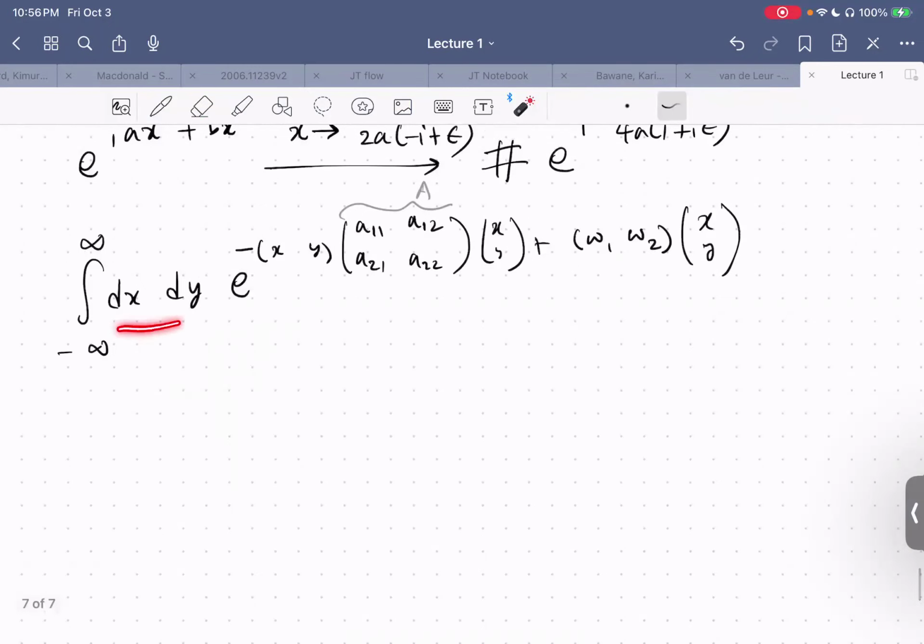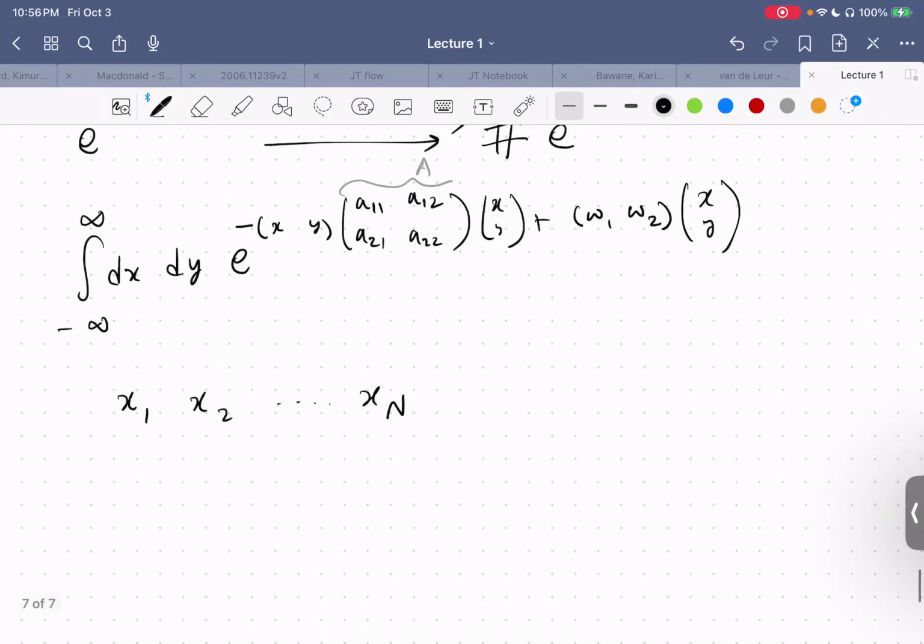So let's introduce variables x1, x2, dot, dot, dot, xn. Again, by x vector, I will refer to a column vector, x1, x2, dot, xn.